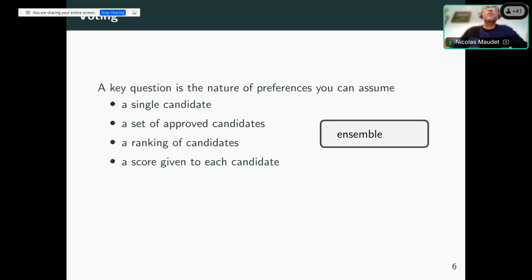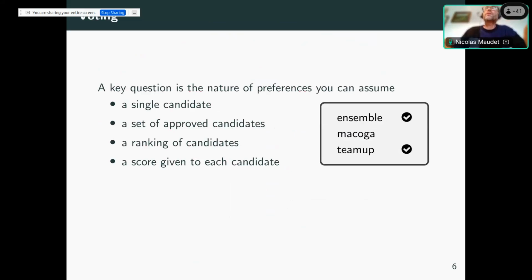Or you can approve different candidates, with a ballot where you say for each candidate whether you approve or not. So Ensemble is fine, Makoga, which is make collaboration great again, you don't want to approve for some reasons, and Team Up you also think is cool, so you approve as well. So that's a way to express preferences.